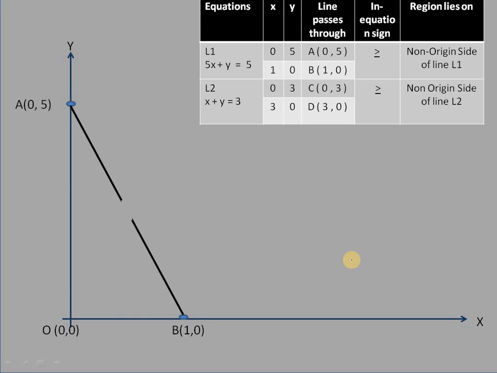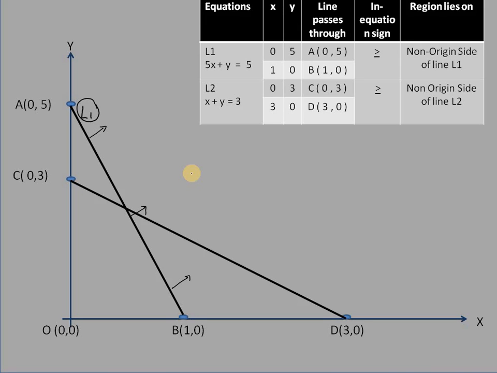So immediately I have drawn the line AB, that is nothing but line L1, और उसका जोन कैसा आएगा, फिजिबल जोन ऑन द ऑपोजिट साइड ऑफ द ओरिजिन. समझ गए बच्चों? नाउ आई विल ऑल्सो प्लॉट लाइन L2. दिस इज पॉइंट C 0,3, दिस इज पॉइंट D 3,0 एंड दिस इज लाइन L2. समझ गए बच्चों? दिस इज लाइन L2.